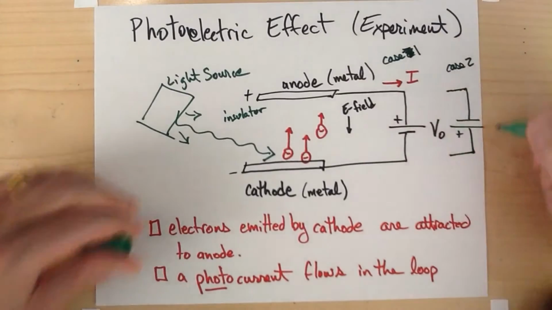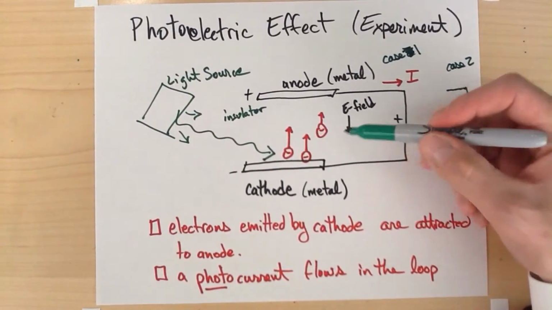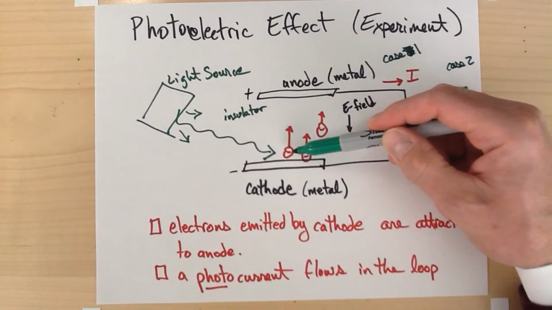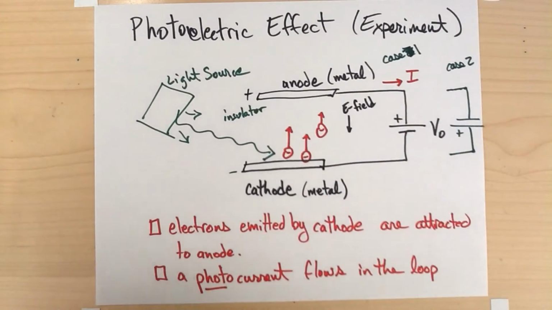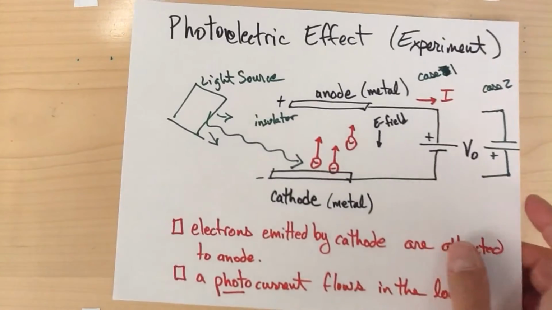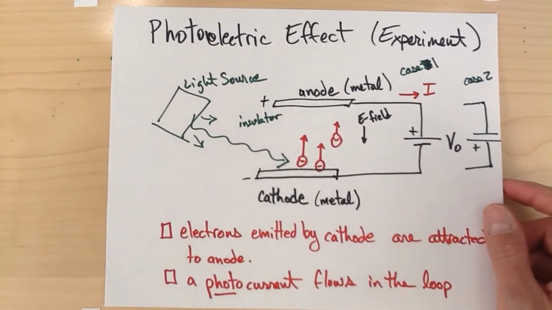So if we inverted the polarity, then of course any liberated electrons would be directed back into the cathode, and then there would not be any current through the loop. I hope that kind of makes sense to you. And at the very least, the photocurrent would decrease.